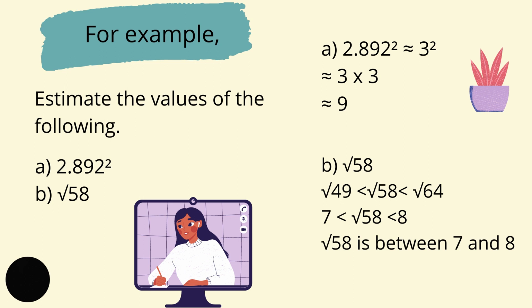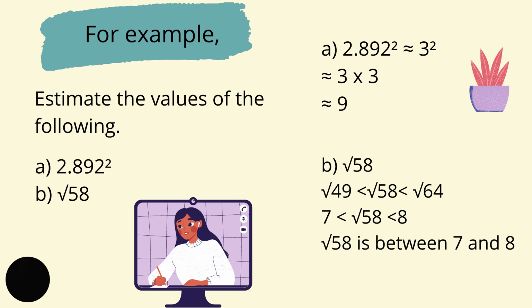So 3 squared equals 3 times 3, and 3 multiplied by 3 is 9. So 2.892 squared is approximately equal to 9. We can't calculate this on a calculator because we shouldn't use a calculator to estimate the value.